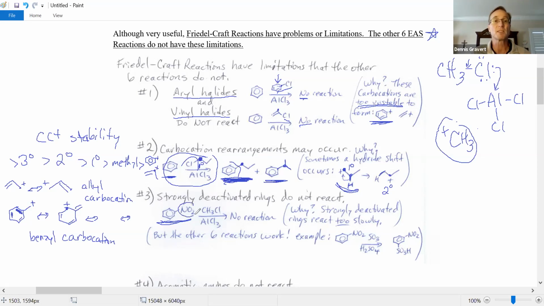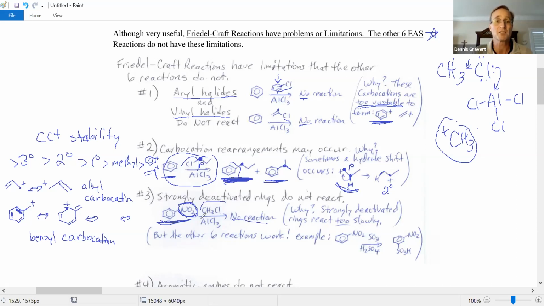How does the presence of this nitro group on benzene affect its reactivity? And it turns out groups on the ring have a big effect. Some of them make benzene even more stable to the point where it's so stable it doesn't even do Friedel-Crafts reactions. We call such groups, like a nitro group, it stabilizes the ring, but it shuts it down. The ring doesn't want to do a reaction.